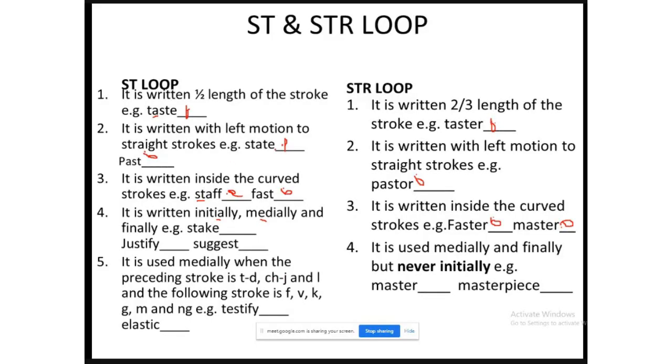An example of initial is state, and of final is past, stop. But in case of medial, we can use ST loop in the middle also. First example is of the initial: stake.